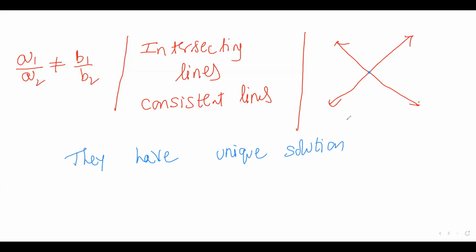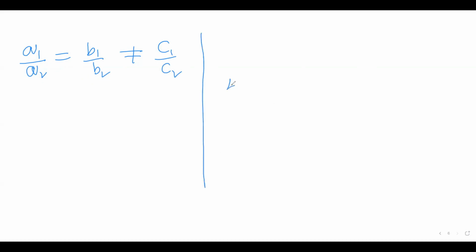Intersecting lines have a unique solution. Now, the next condition is if A1 by A2 is equal to B1 by B2 and not equal to C1 by C2, then the lines are parallel lines.